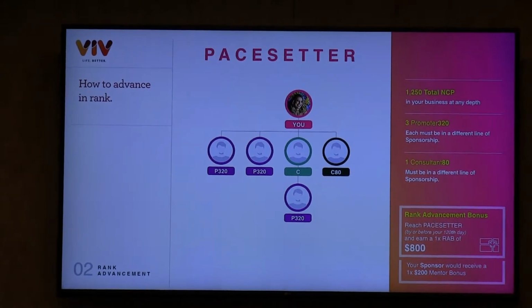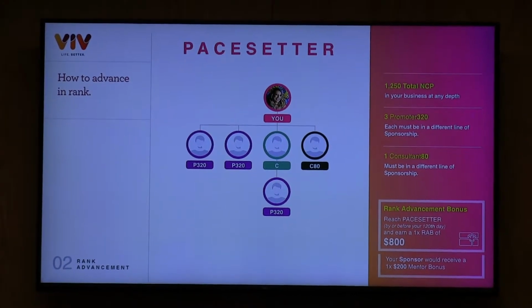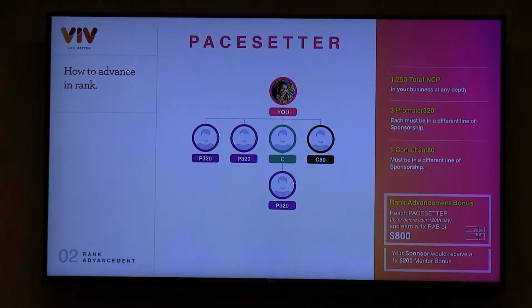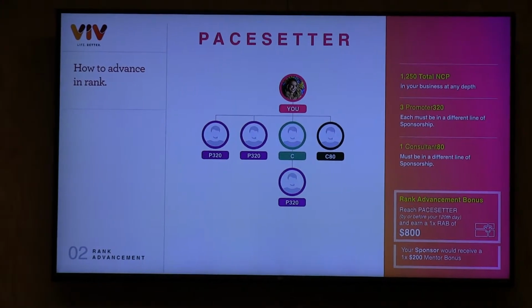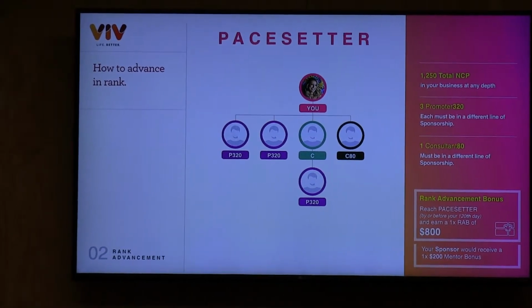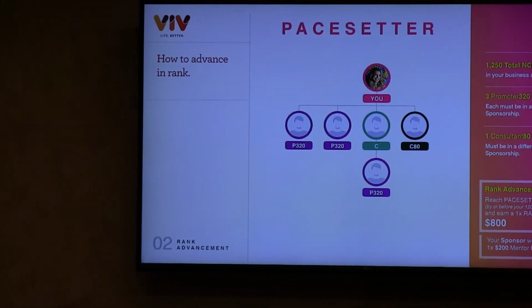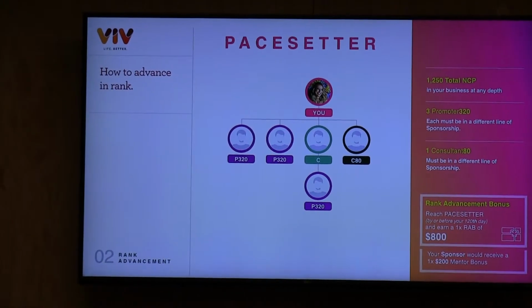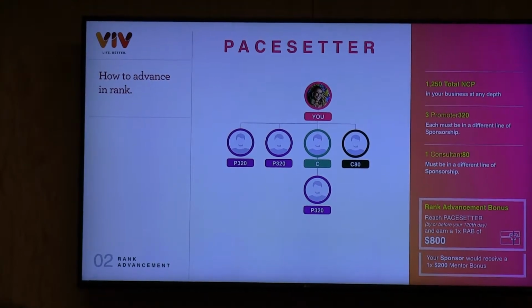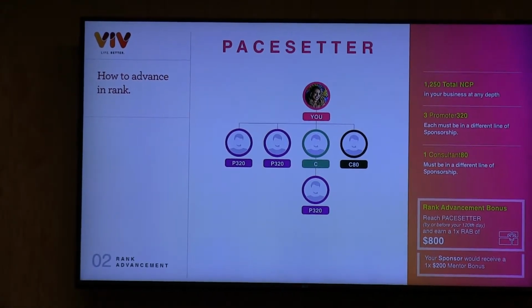You have a total of 3 Promoter 320 lines and 1 new up-and-coming consultant agent. So at Pay Center, you have to sponsor a total of 4 people, have 3 of them develop out, and at least have 1 newbie coming on that's doing something. You have 4 months to hit this, to earn an $800 bonus and pay your mentor $200.